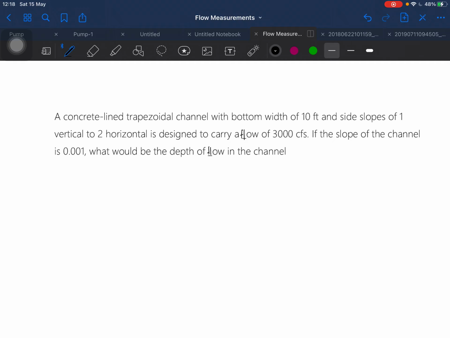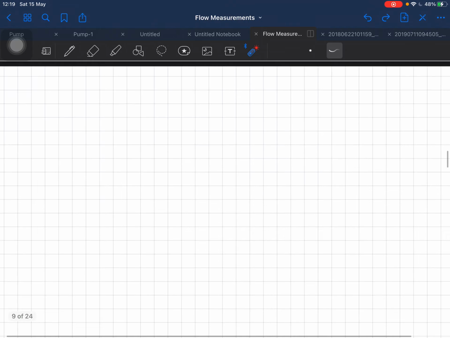If the slope of the channel is 0.01, what would be the depth of the flow in the channel? It's very easy again. I think it's too short for you guys.